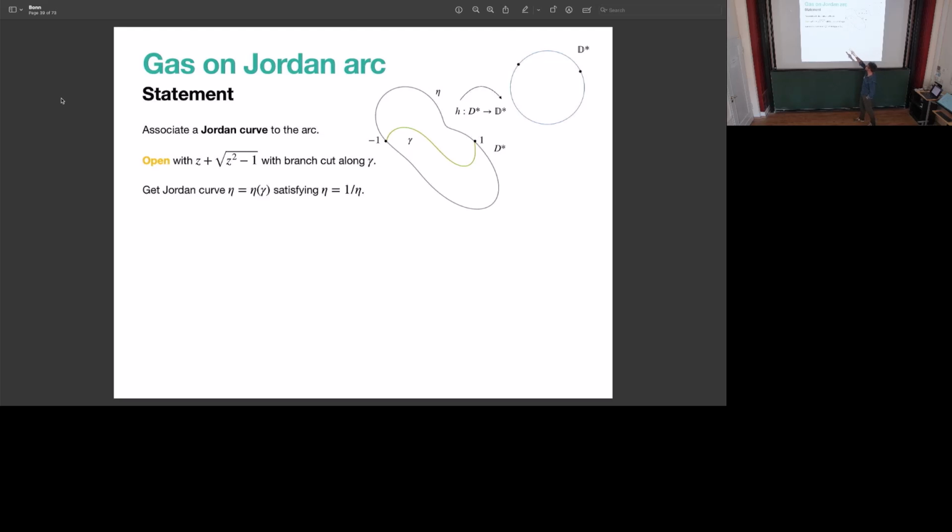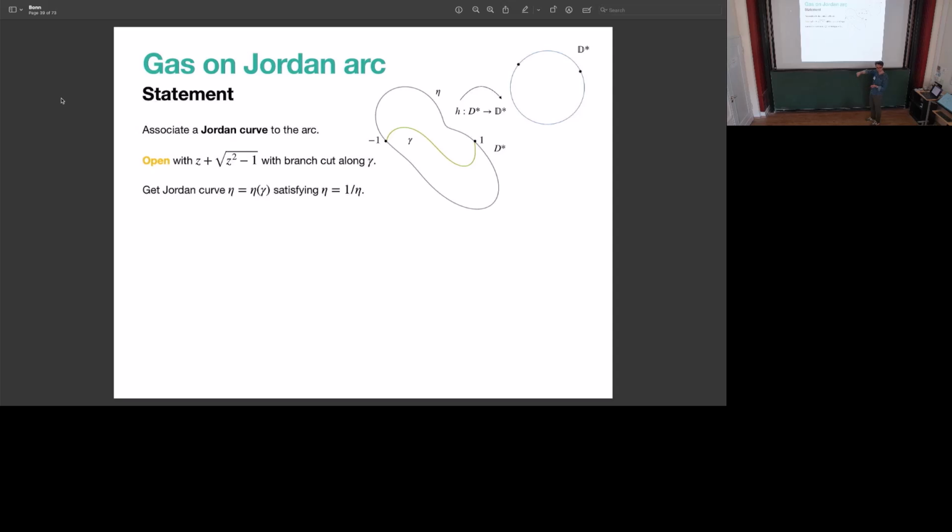This will map the complement of gamma in the sphere conformally onto the complement of a Jordan curve. That's the eta I drew. Another way to think about this is that I consider two copies of the sphere, each with gamma drawn on it.